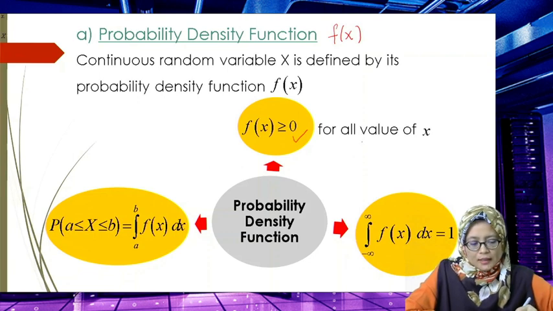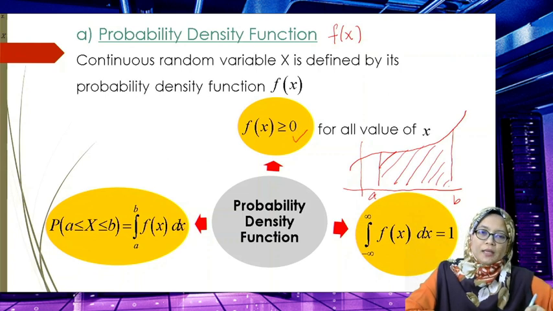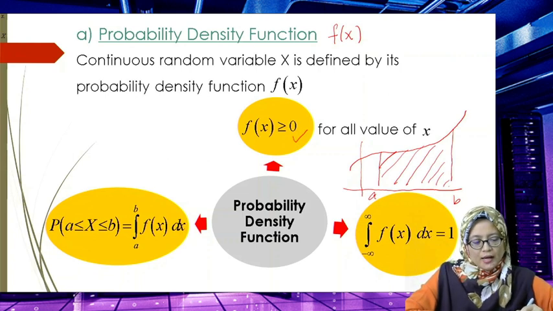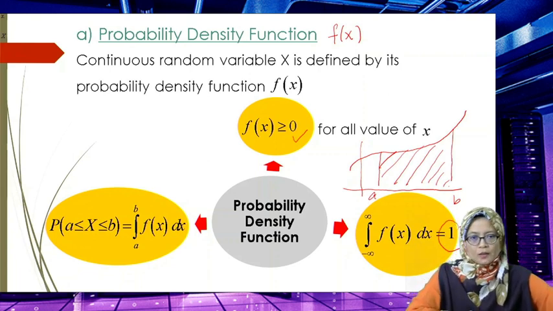So let's say you have a graph like this. It has a certain interval from A to B, so we integrate over the interval A to B. The total area for this curve is equal to 1. It is not more than 1.